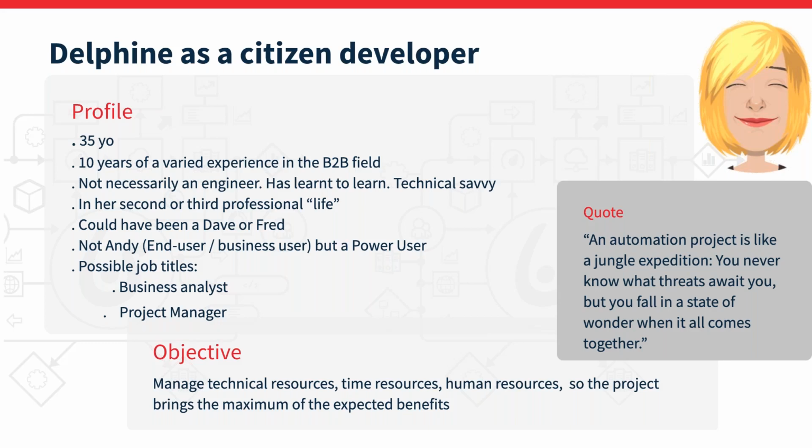In my previous life, I've been project manager, quality manager, or business analyst. I'm able to manage technical resources, but also all kinds of resources, human resources. And I expect from an automation project that it helps you make sure that everything works.